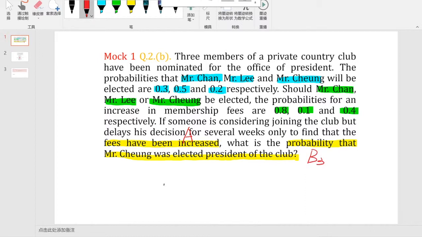Given A, to calculate the probability for B3, we can denote it as P(B3 given A). This is the question, and this is the answer to this question. So, how do we calculate the probability for B3 given event A? We can use Bayes' theorem.